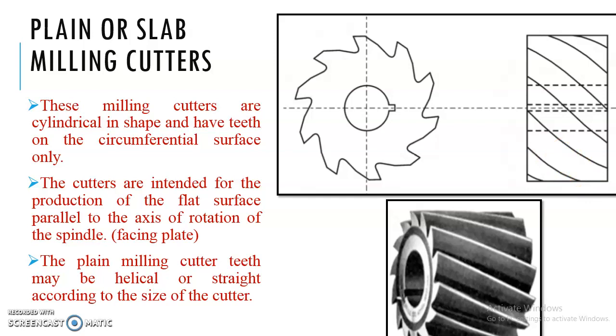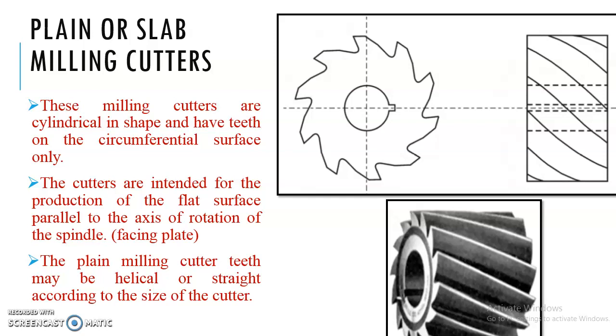What is the meaning? Straight milling cutters have the cutting edges along the circumference parallel to the axis of rotation of the milling cutter, whereas in a helical milling cutter the teeth or multiple cutting edges are at an angle to the axis of rotation of the cutter. The main function of this type of milling cutter is to produce a flat surface parallel to the axis of rotation of the spindle or cutter.